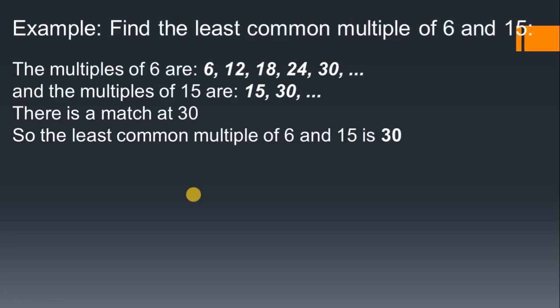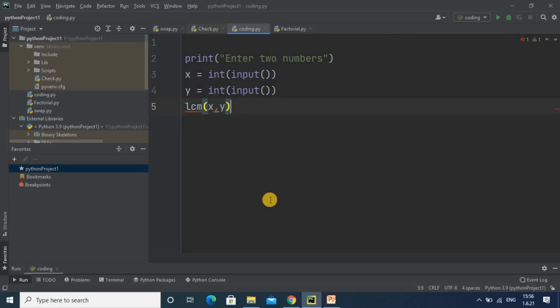Now we will directly go to the coding section and see how we can get the LCM. So dear students, here we are in PyCharm, and in the last program also we used such input and output statements. By using x and y, the user will enter the values and we are going to have an LCM function.